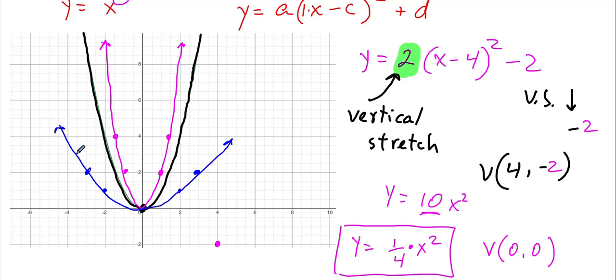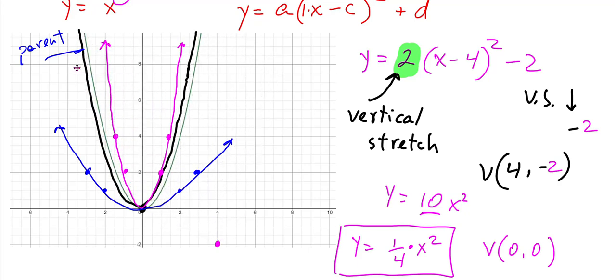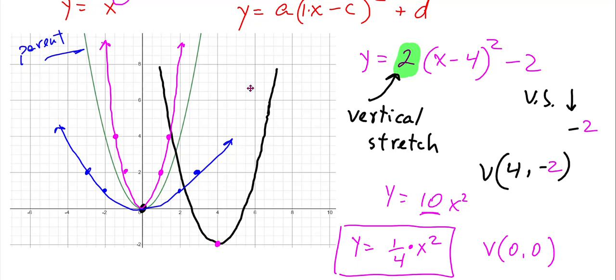Notice it's wider than this, the parent. In fact, if I were to move this over here and then, sorry, not compress, but vertical stretch, this would look very narrow in this location.